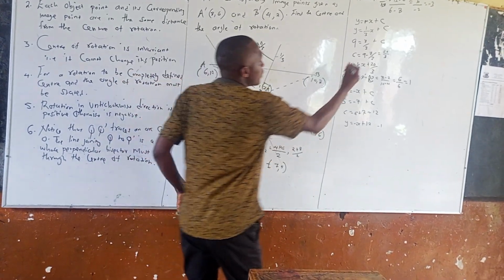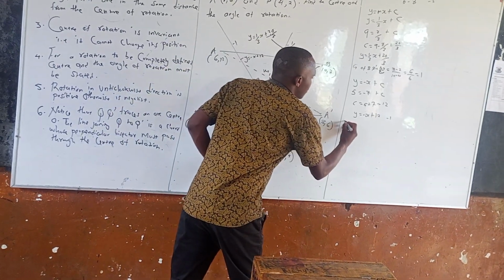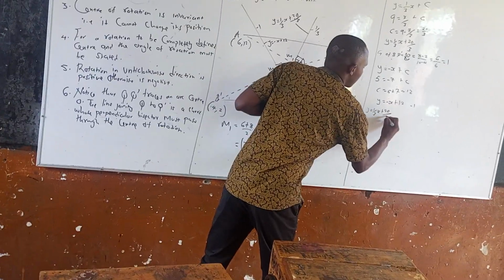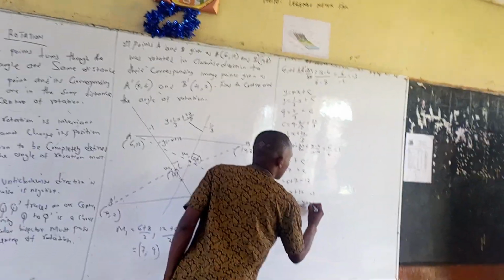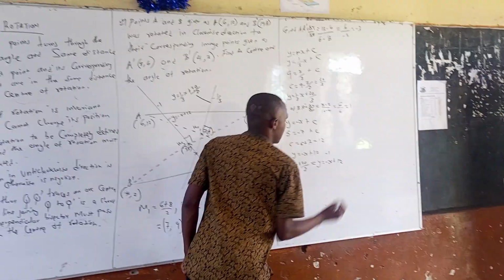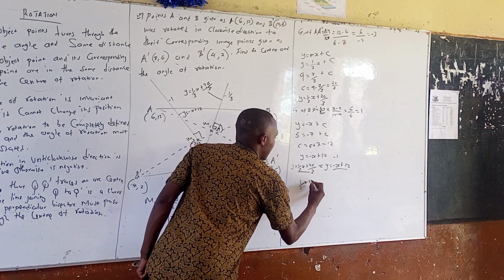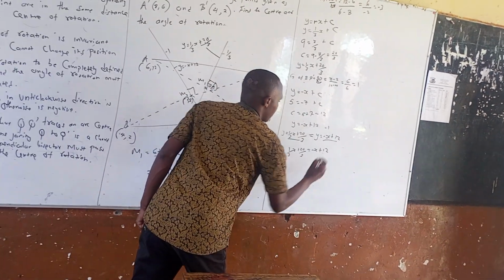The solution means the equation of this line, which is y is equal to 1 over 3 x plus 20 over 3, should be the same as the equation of this line here, y is equal to negative x plus 20. So in this case we will equate them: 1 over 3 x plus 20 over 3 is the same as negative x plus 20.